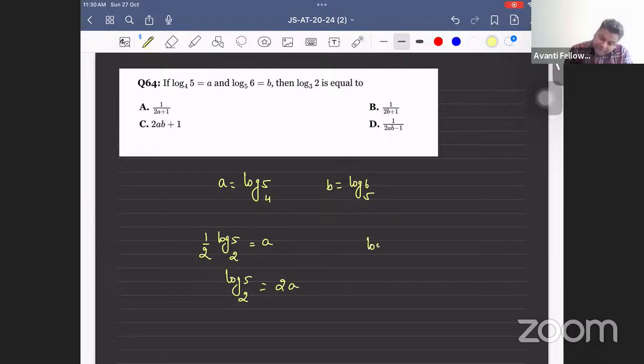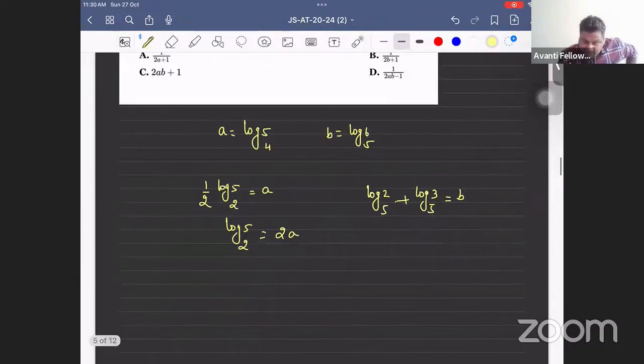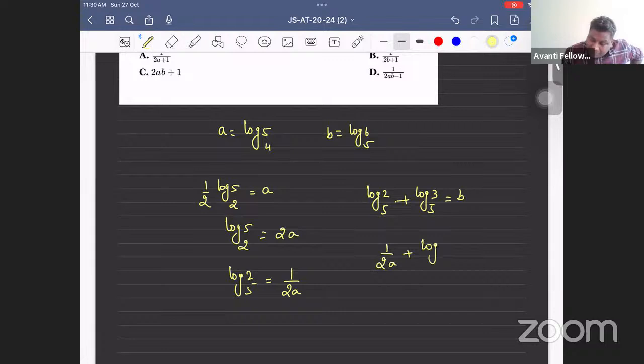This can be written as log 2 base 5 plus log 3 base 5 is B. Now log 5 base 2 is 2A, means log 2 base 5 is 1 by 2A. So 1 by 2A plus log 3 base 5 is B.